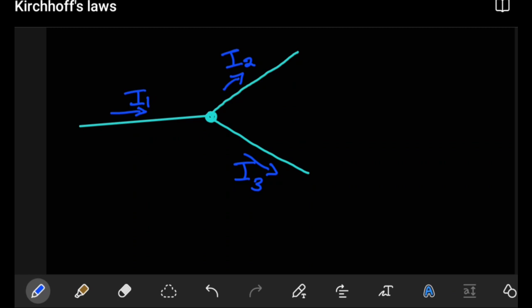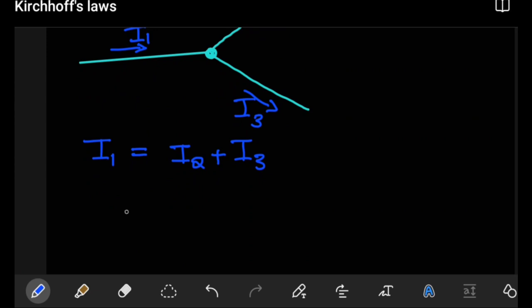So from the junction law, what we're seeing is that the current entering the junction, I1, has to be equal to the sum of the current leaving the junction. So I2 and I3 are leaving the junction, and we end up with I2 plus I3.